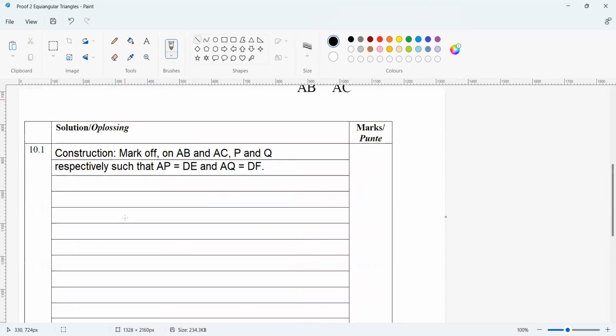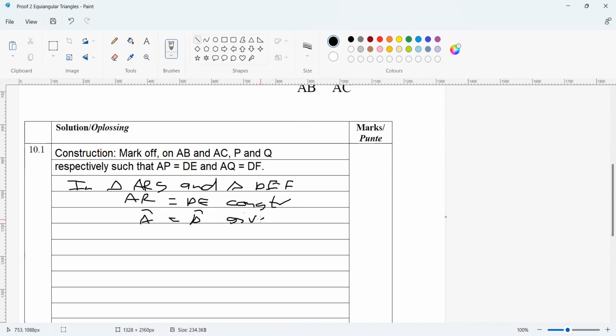So let's start now with the actual congruency. In triangle ARS and triangle DEF, we have AR equal to DE, and that's due to construction. And we have angle A equal to angle D, which is given.